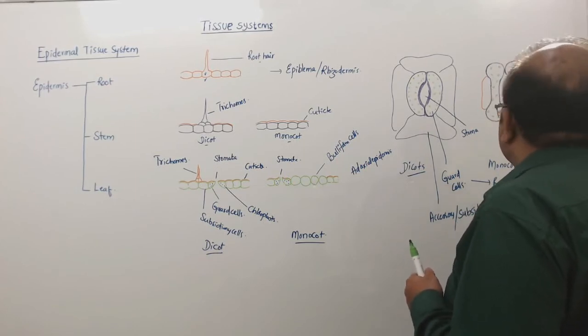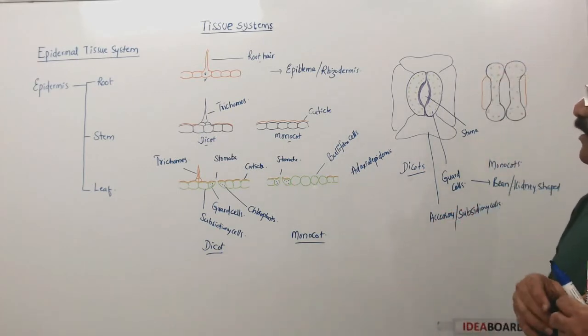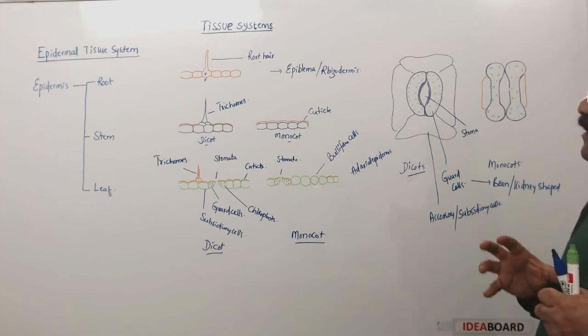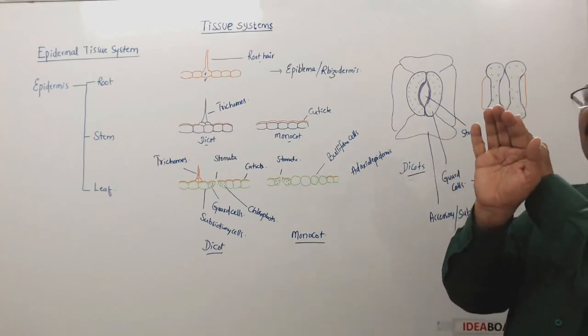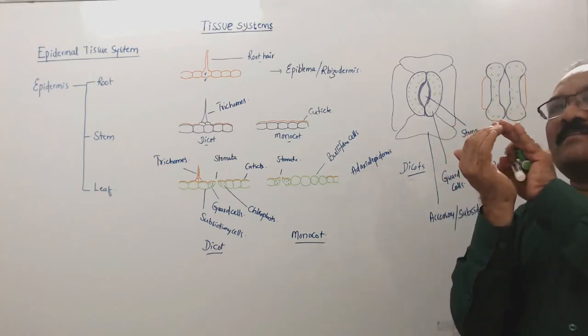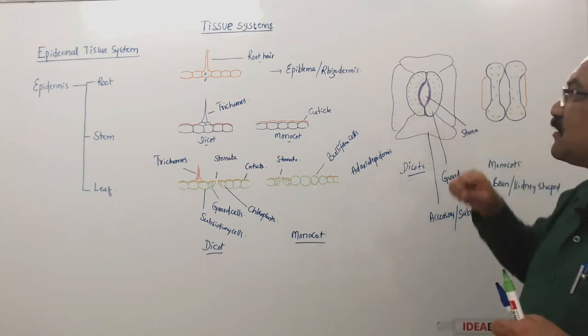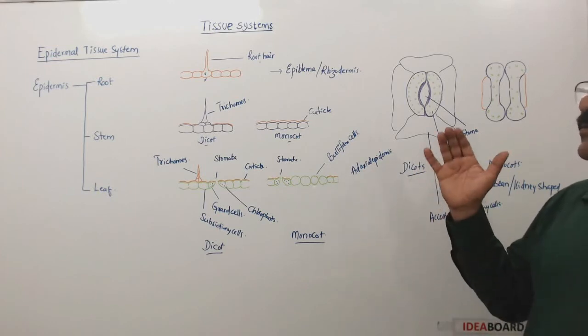Bean or kidney shaped. And their arrangement or orientation is also special. That means they exhibit a special method of arrangement. They are not arranged like this, but like this. And as these two cells are arranged like that, a space is formed between them.